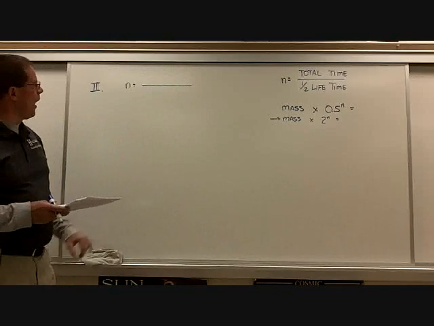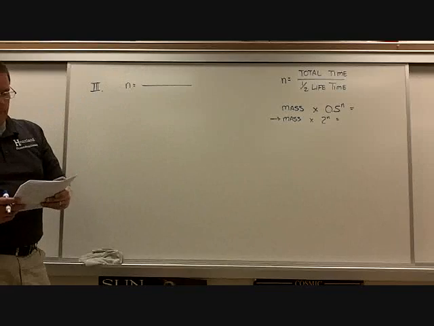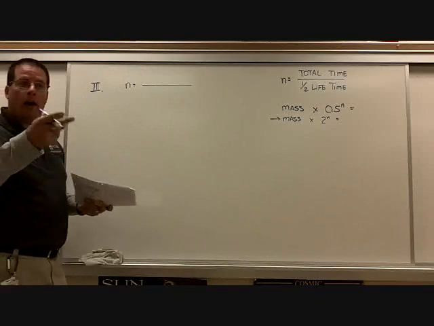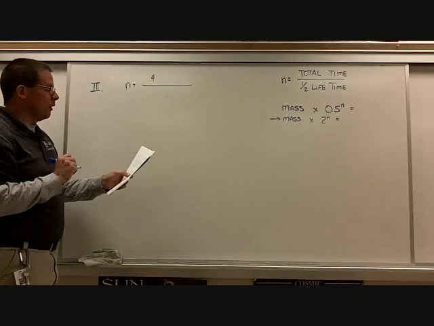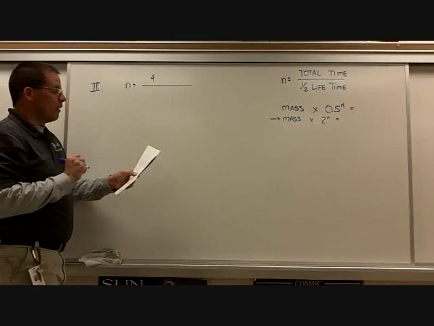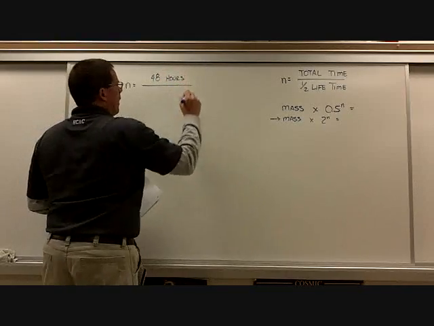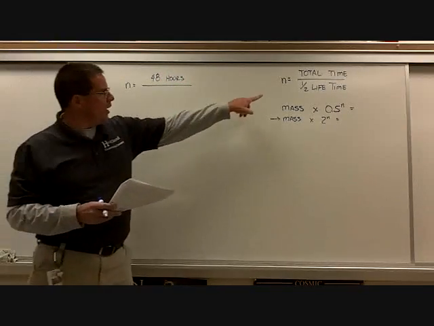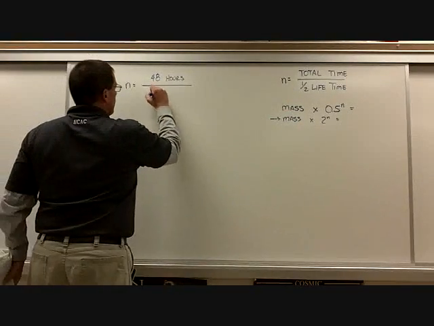Okay. All right, so what is my total time? 48 hours, so 2 days. So what's the half-life amount of time? Let's get on the same units there. 25.5. Okay, so we'll go with hours. And the half-life amount of time for this problem is 25.5.